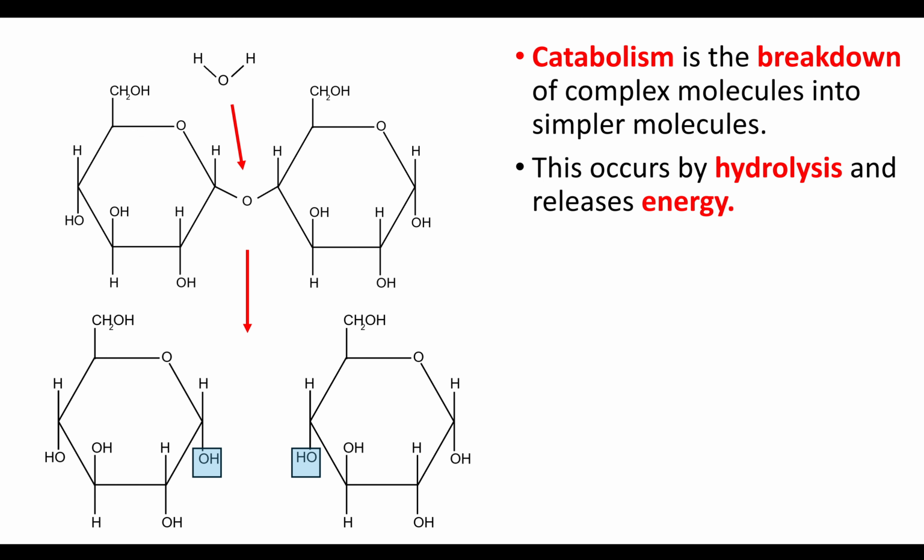So it's important that you know how we can build up, anabolism, and how we can break down, catabolism, and that we understand with saccharides we are either forming the glycosidic bonds or we are breaking the glycosidic bonds. Now, all of these reactions require enzymes to help the process happen at a faster rate. Because we are needing to either form the bonds or break the bonds, enzymes are required.